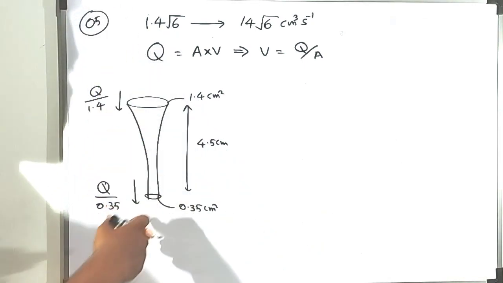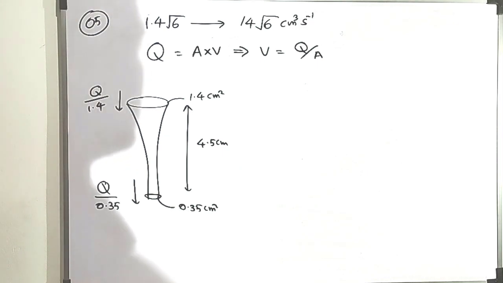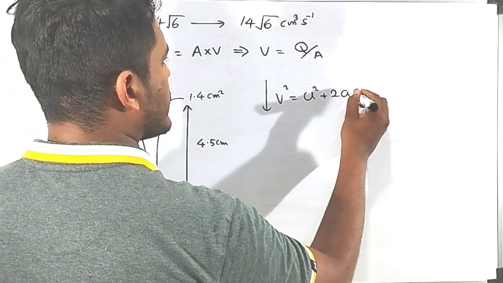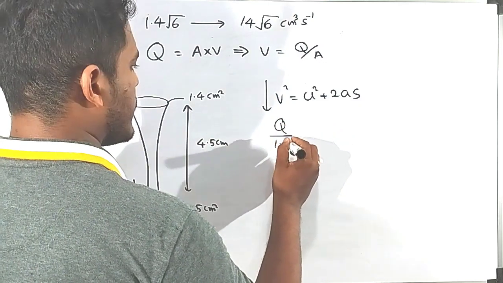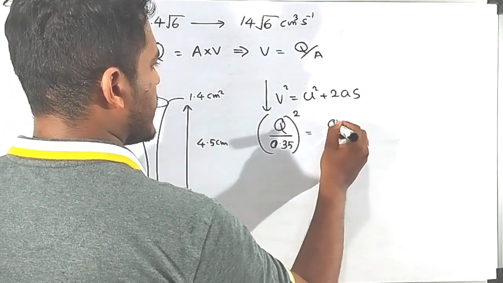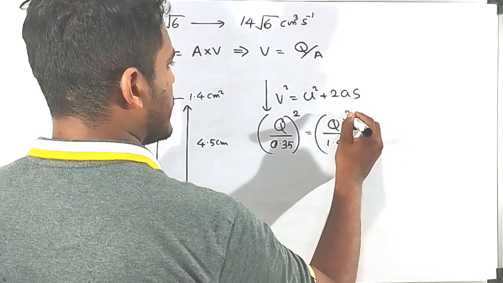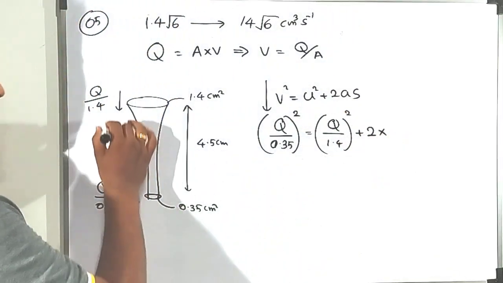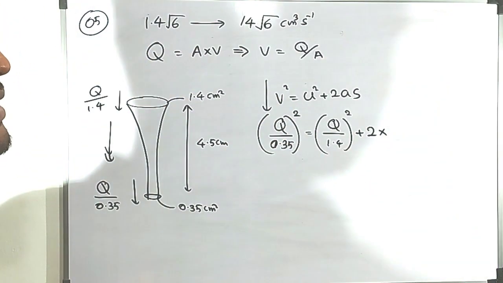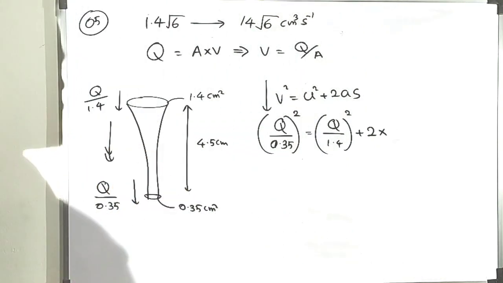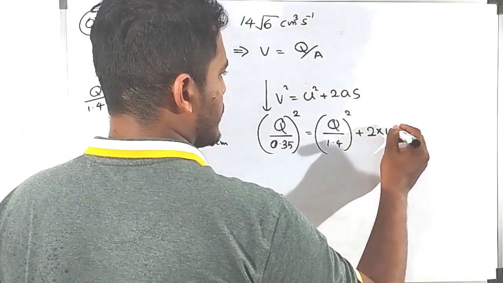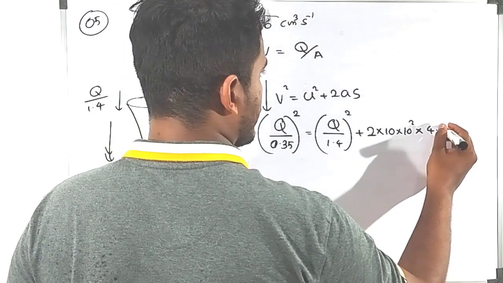This is under gravitational acceleration, so the motion equation can be applied downward: V squared equals U squared plus 2as. Here the final velocity is Q divided by 0.35, squared, equals Q divided by 1.4, squared, plus 2 into g into s. The gravitational acceleration should be substituted in centimeters: 10 m/s squared, converted into centimeters, so 2 into 10 into 10 to the power 2 into 4.5.